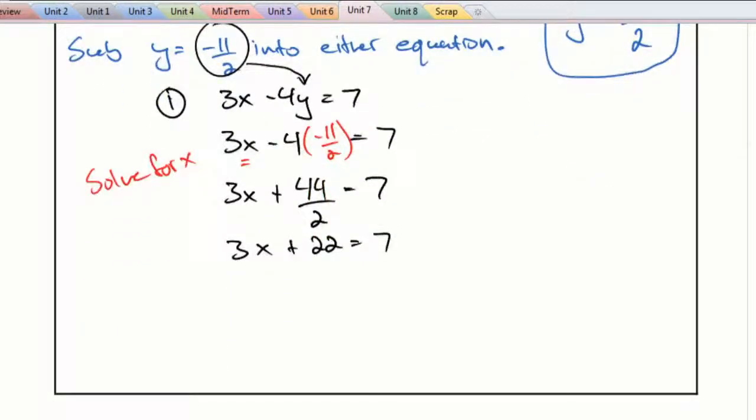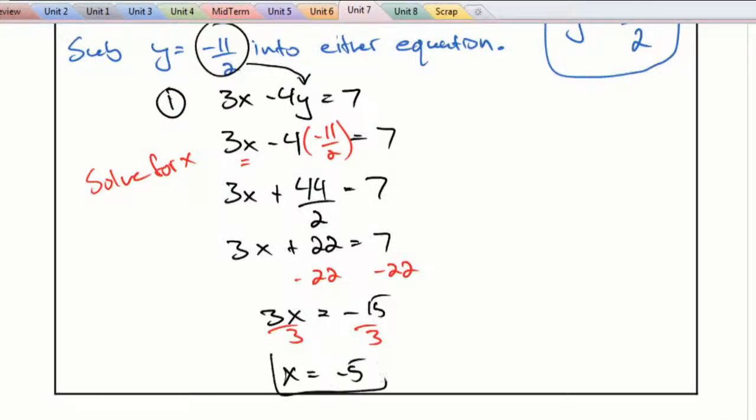I'm going to subtract 22 from both sides. I end up with 3x, 7 minus 22 is negative 15. Divide both sides by 3. And I end up with x is equal to negative 5.